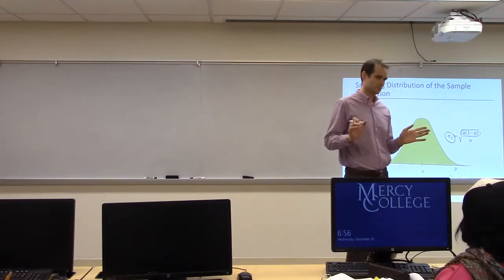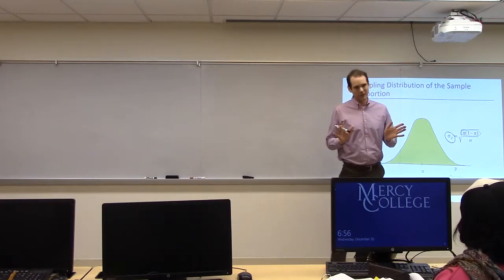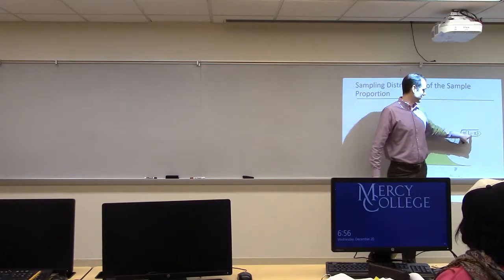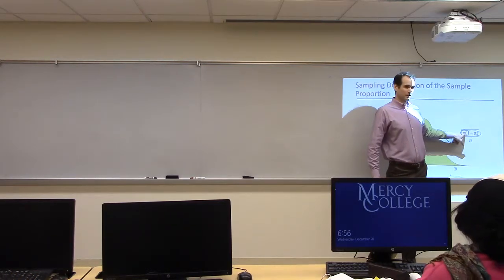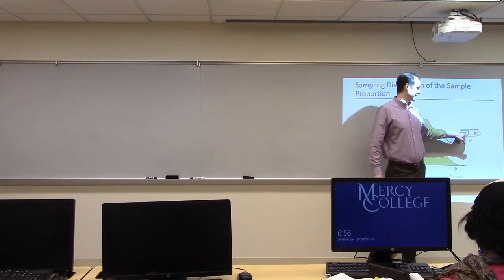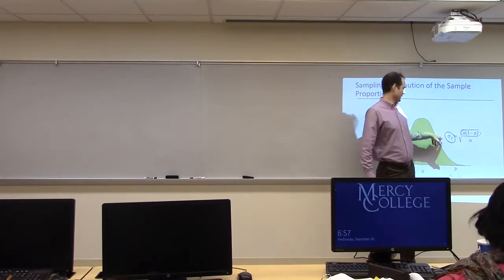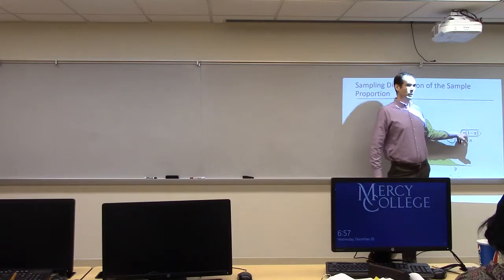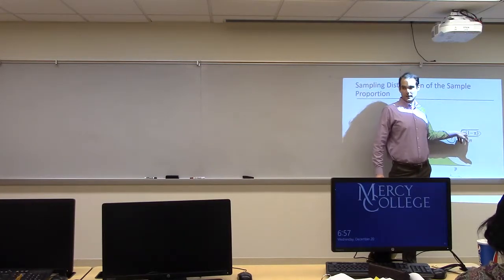You okay with that? If, on the other hand, it is further away from 50%, if it is, say, 90%, then we are less likely to see dispersion in our sampling distribution of the sample proportion because most of the people we ask are going to have the same opinion.